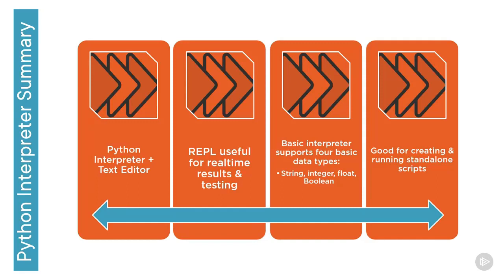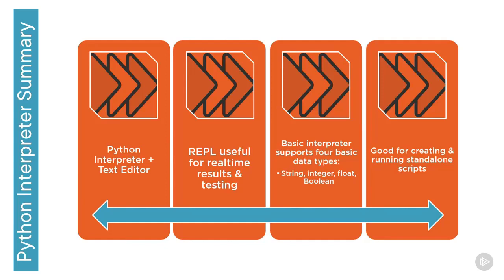Now, let's summarize the Python interpreter. Basically, you run Python from a terminal, and you're in the Python interpreter, and then you can run your code, and it's going to read, evaluate, and then print results. So that's the interpreter.